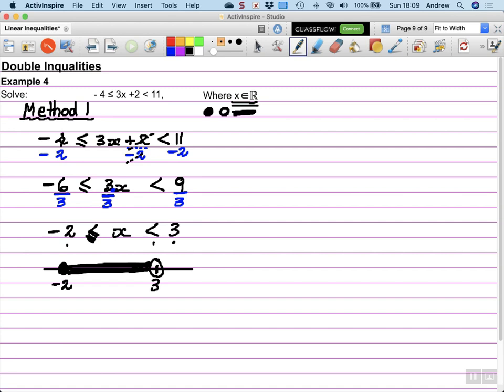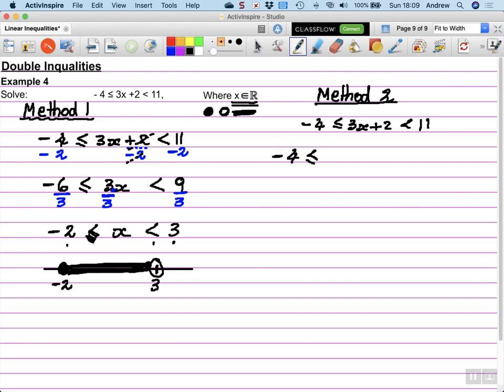Right, then let's have a look at method number 2. In method number 2, again, we write out the question: minus 4 is less than or equal to 3x plus 2 is less than 11. What you do for this method is you split them.